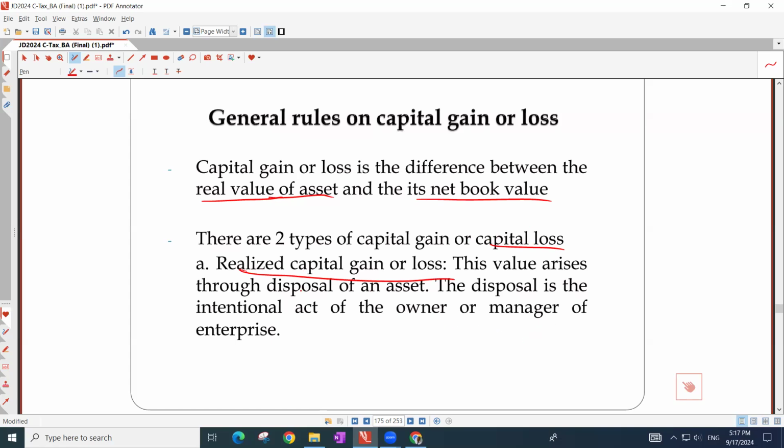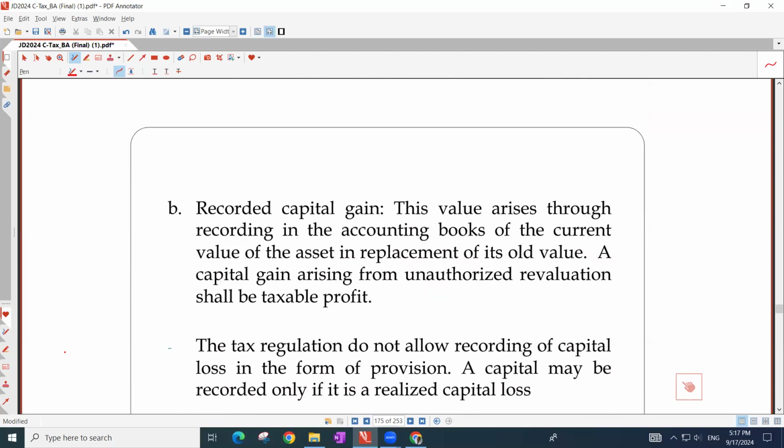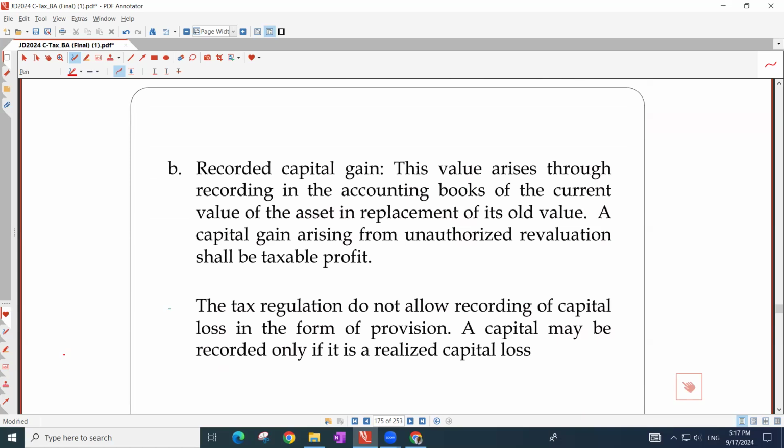When we actually dispose of it, we can calculate based on tax law and see a gain or loss, and this is what we call realized capital gains. If it gains, it's subject to tax, and if it is a loss, we claim it as deductions. Another one is recorded capital gains. This is what I would call unrealized capital gains.